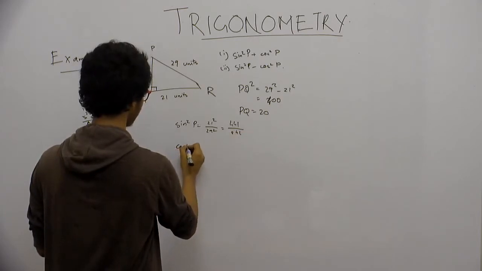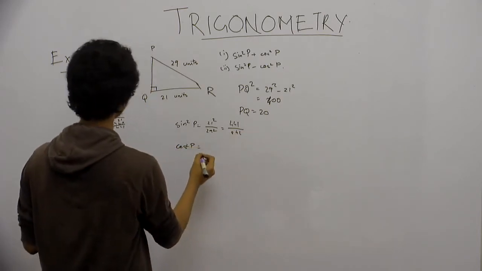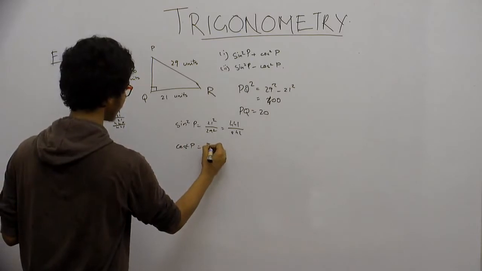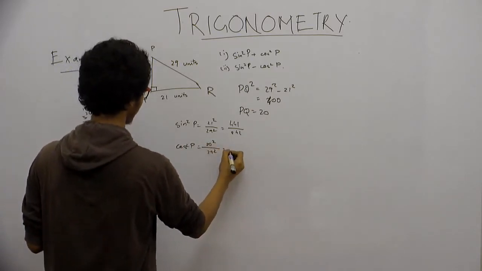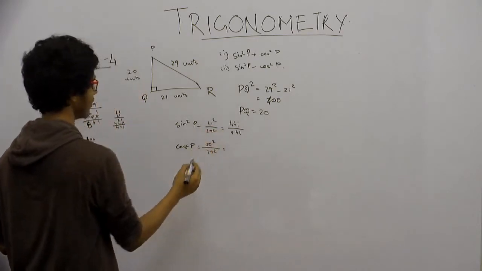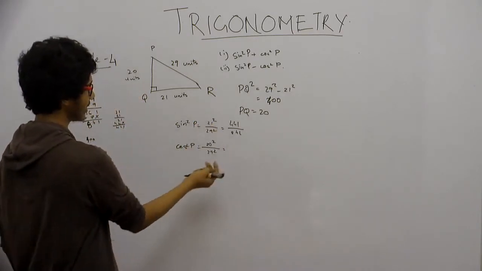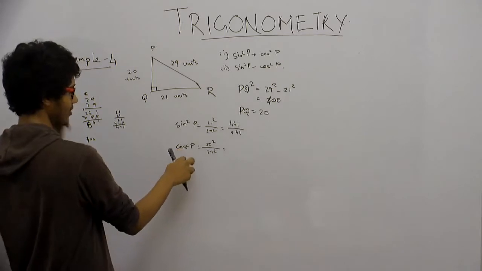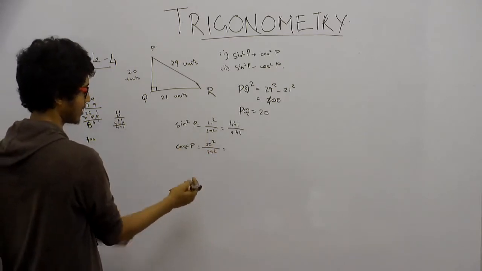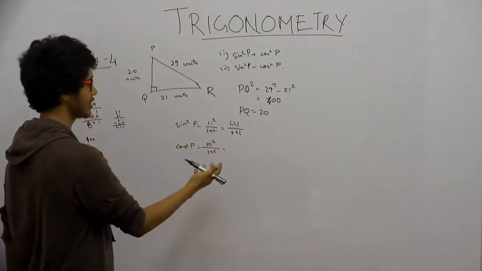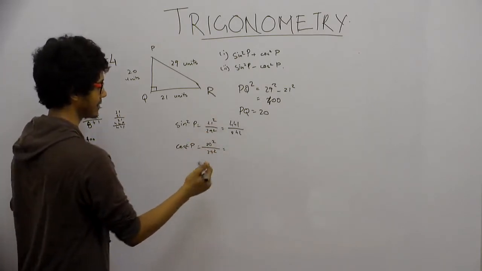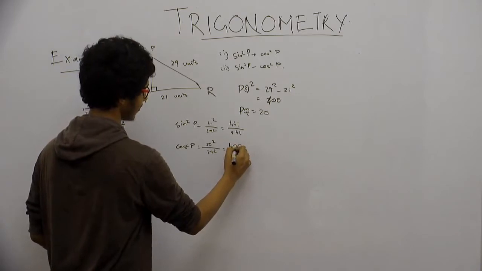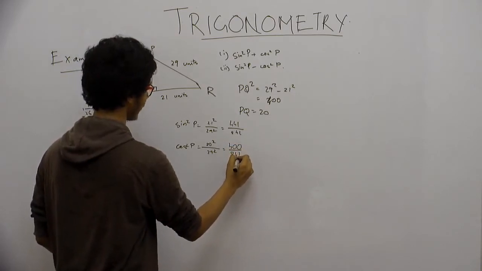Similarly, cos square P is 20 square divided by 29 square. In reality it's 21 by 29 whole square for sine square P, and cos square P is 20 by 29 whole square. I'm just skipping a step and directly showing you that we are squaring the numerator and denominator separately. We find this is 400 divided by 841.